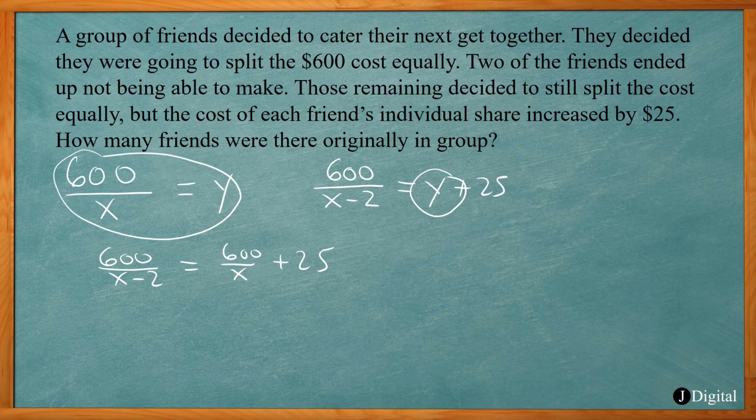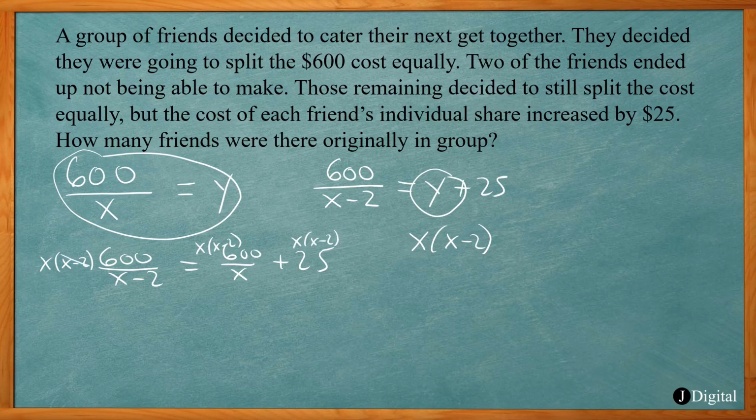Now from here I want to multiply everything by the common denominator. So I have denominators of x minus 2, x, and 1. The common denominator there, I just multiply those together, x times x minus 2. And I'm going to multiply every term by that.